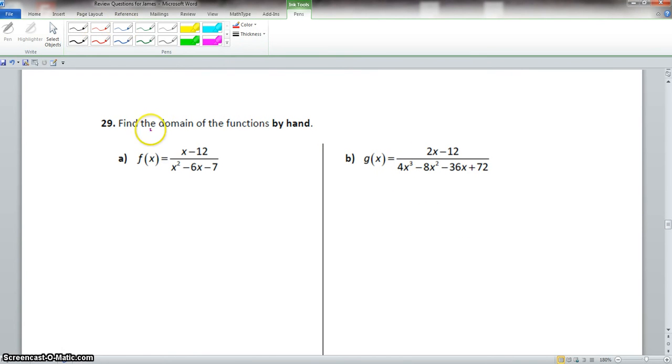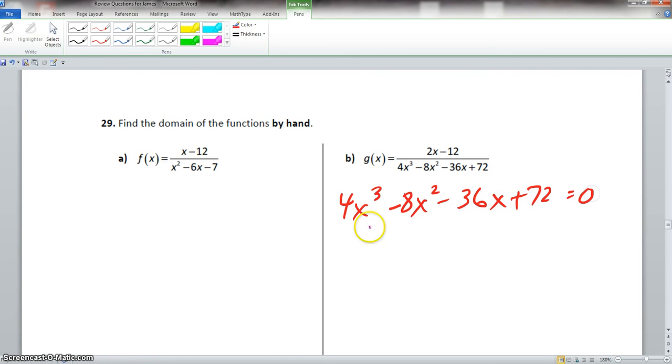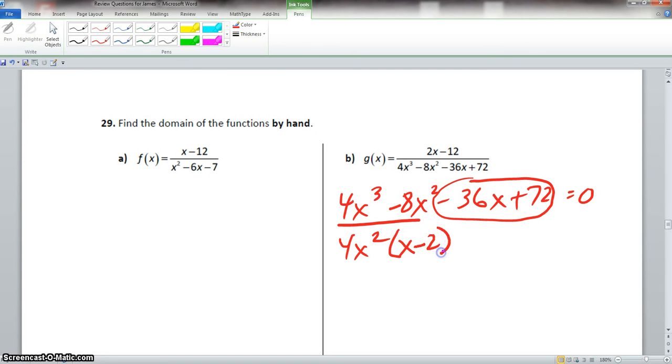It says find the domain of the function by hand. So what this means is we would set this denominator equal to 0. Since we have 4 terms, we will group the first 2 and the second 2 terms. We could factor out a 4x squared with the first term, and that will give us x minus 2.